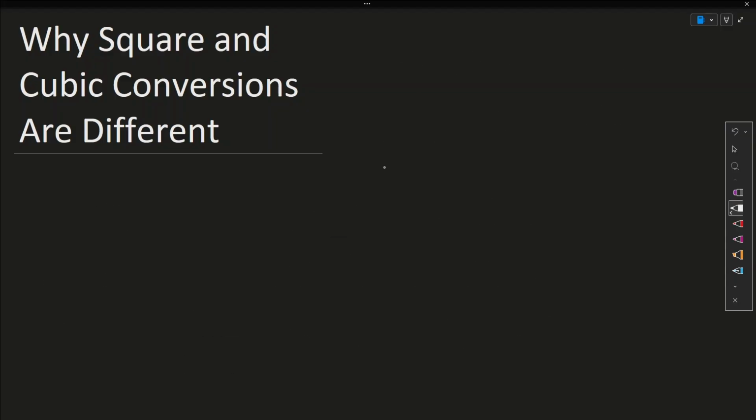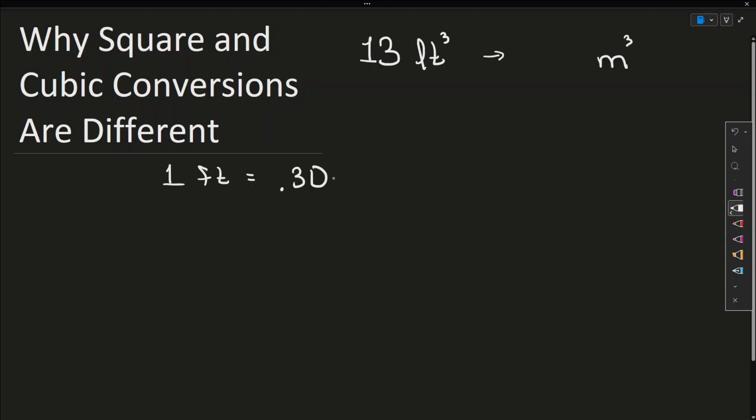Now let's repeat the idea for volume. Let's suppose we want to convert 13 cubic feet to cubic meters. We're going to use the same base length conversion that we already found. We already discovered that 1 foot is 0.3048 meters.